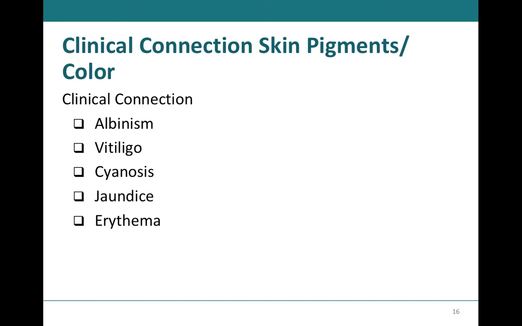Jaundice would be if you have any kind of liver abnormalities or bile abnormalities build up in the body, then you'll turn yellow. And then erythema is that reddening of the skin. All of these you can see either at the skin, or you can especially also see at the mucous membranes.